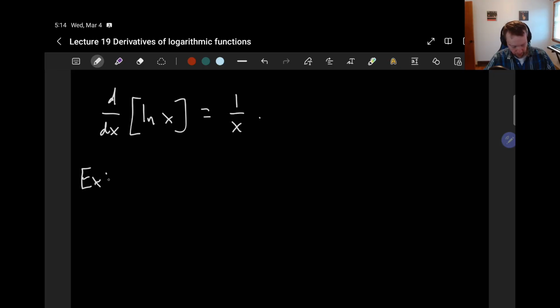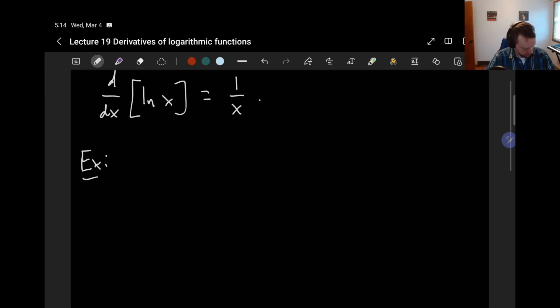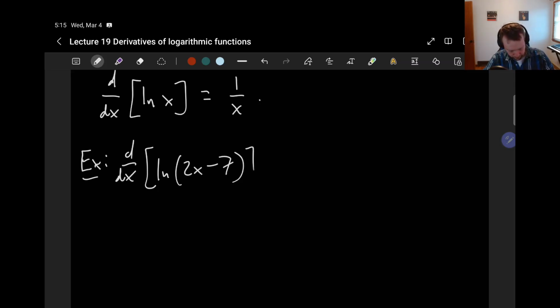Now, of course, this gets a little more complicated when chain rule is involved. So let's take d dx of ln of 2x minus 7. Notice the input is more than just x, it's a whole other function, 2x minus 7.